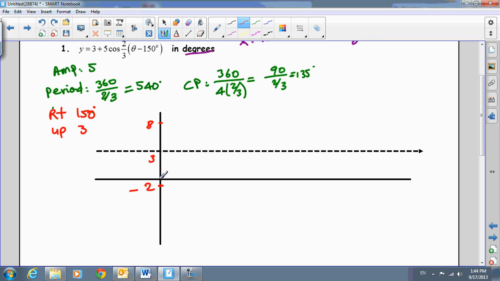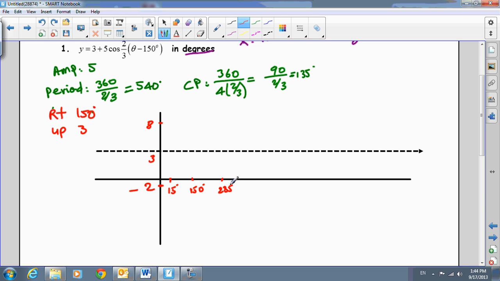Now, this line represents my 0. After 0, since I'm moving 150 to the right, my first point is at 150. So this is 150. After 150, if I add 135, I should reach my next one, which is at 285. By the way, if I subtract 150, I should reach 15.